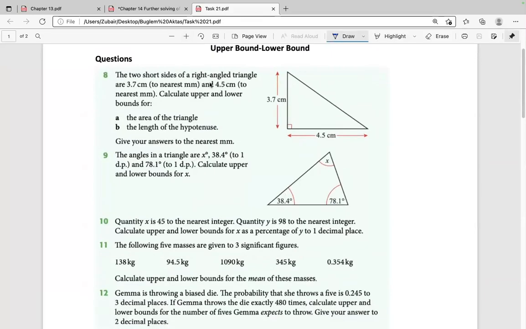The two short sides of a right angle triangle are 3.7 centimeters to the nearest millimeter and 4.5 centimeters to the nearest millimeter. Calculate the upper and lower bound for the area of the triangle.